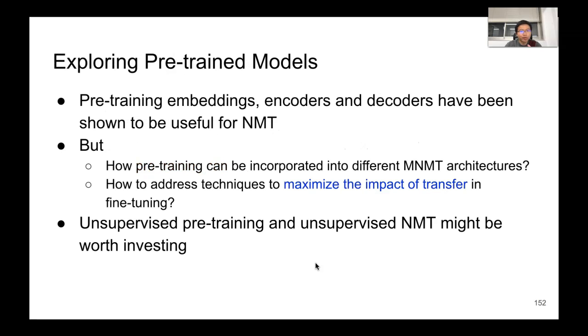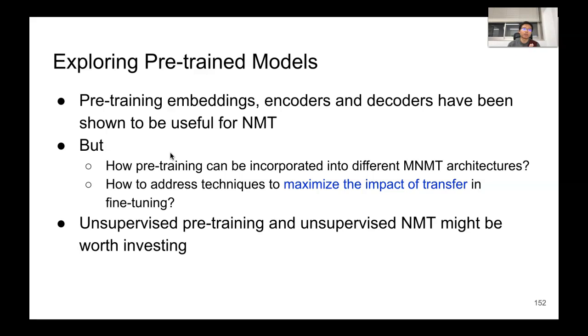The first future direction that we think is promising might be how to explore pre-trained models such as BERT or multilingual BERT, etc., to improve MLMT performance. Pre-trained embeddings or encoders and decoders should be useful for MLMT. However, there are still some issues. First, how pre-training can be incorporated into different MLMT architectures is unclear yet.